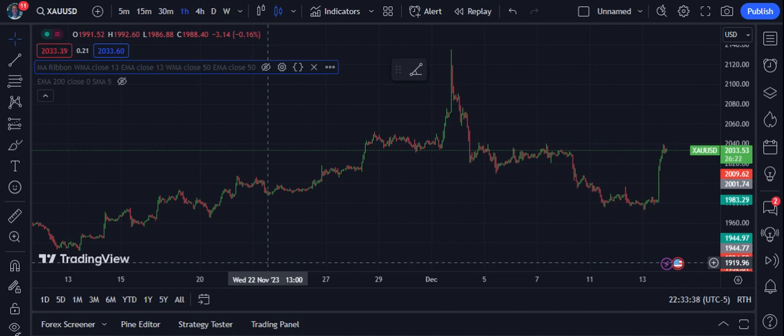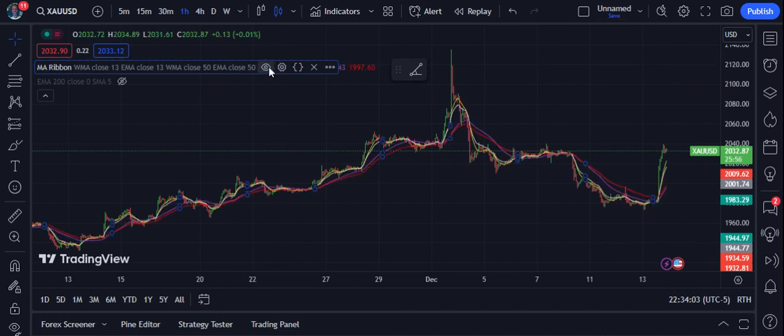I like the 1 hour time frame because the entries using this indicator are very accurate. I'm not saying that it's accurate every time, but it at least gives me a 40% win rate. So I'd say that's a very good win rate, especially in trading. So I'm going to show you guys the current indicator.